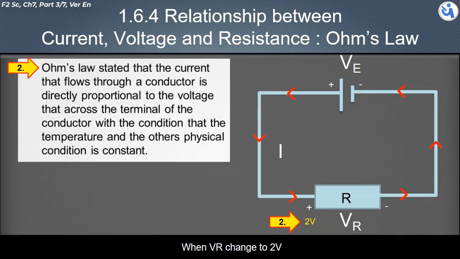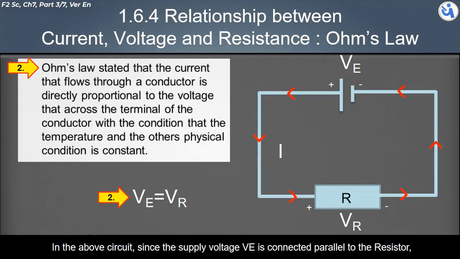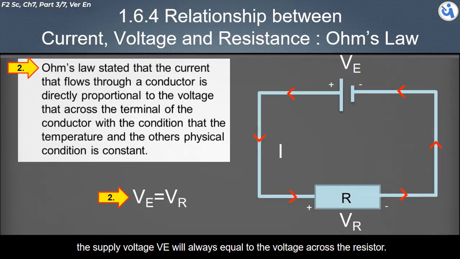When VR changes to 2 volt, the current I will change to 2 ampere. In the above circuit, since the supply voltage VE is connected parallel to the resistor, the supply voltage VE will always equal the voltage across the resistor.